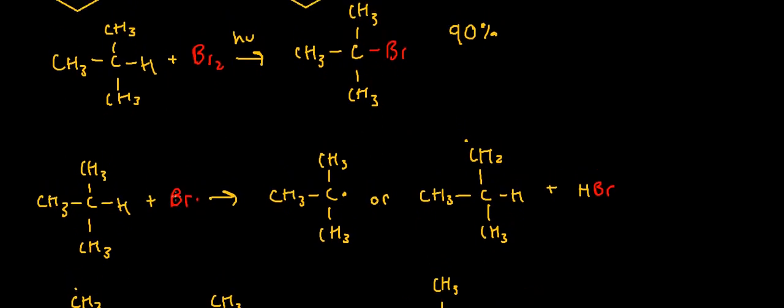When a bromine radical reacts with this hydrogen, it is easier to remove, because when this radical forms here, it's going to be more stabilized. So hypothetically, let's just say it selected any hydrogen here. It could take this one right away, the one with less energy, or it could take one of these ones.